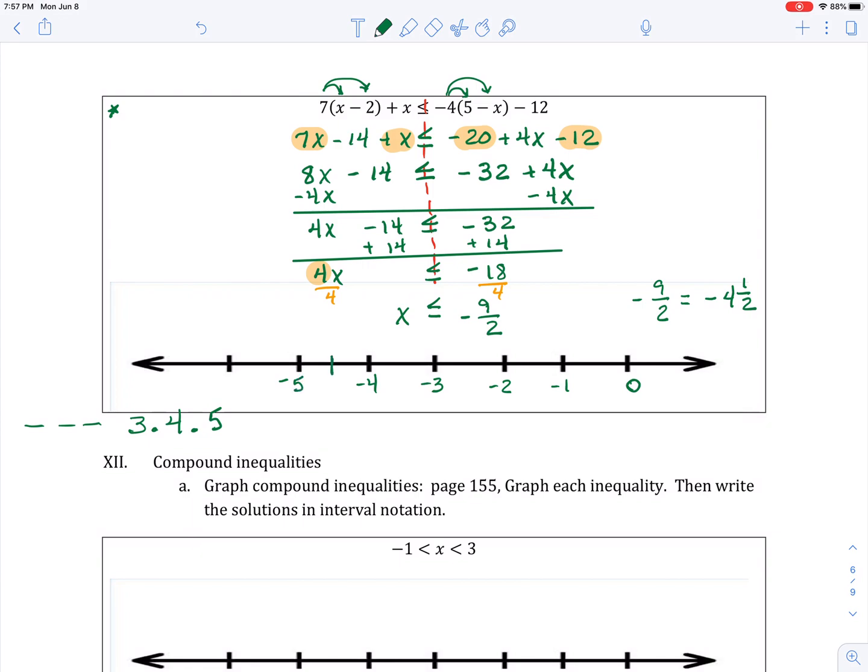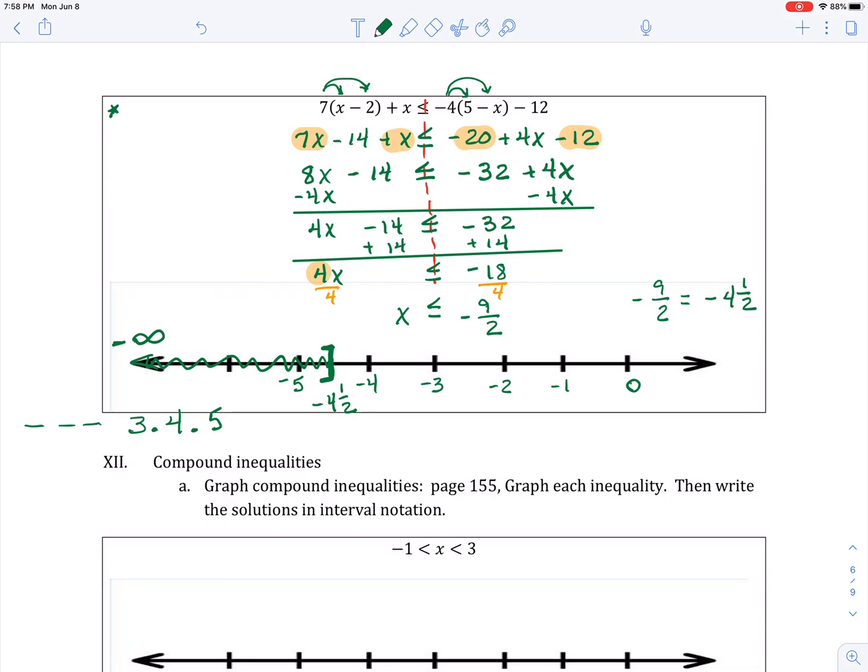So negative 4 and 1/2 would be right about there. Okay, so I want to show you the values that are less than that. So I'm going down in this direction, down to negative infinity. And I am supposed to include that negative 4 and 1/2 because it's or equal to. So let me put a bracket there facing towards the numbers.